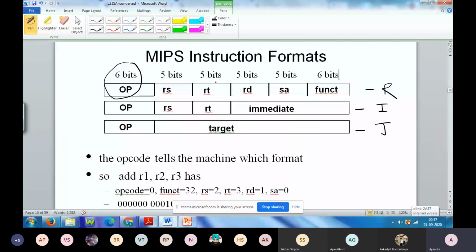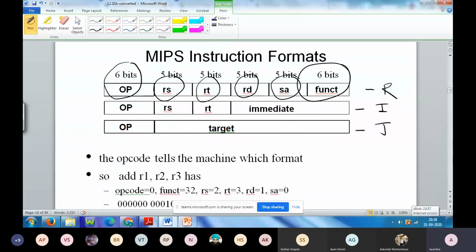In general, this RT and RD give you the register addresses of your input operands. This RS gives you the address of the output register. This is the shift amount. And this is some associated function.